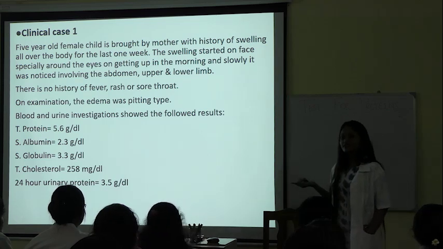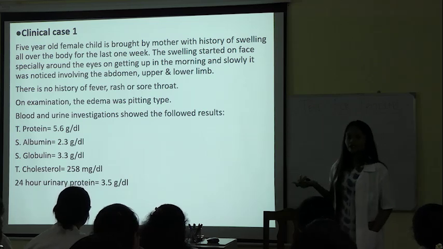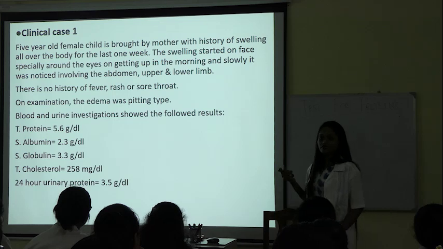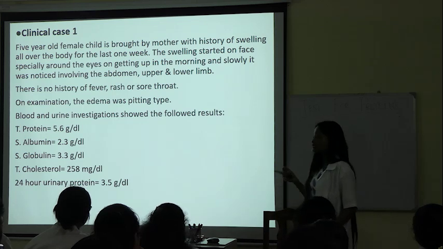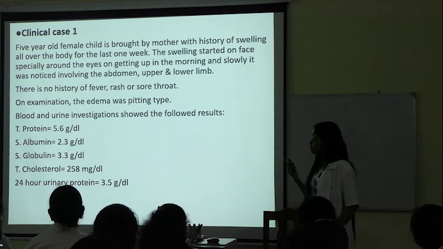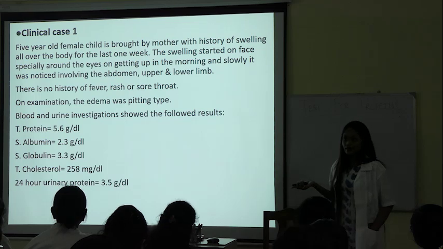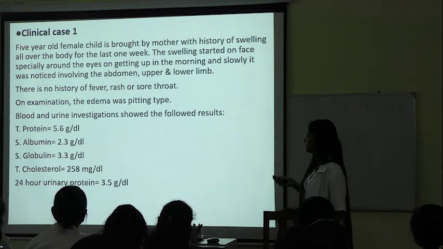So in nephritic syndrome, we see cola colored urine, the red cola colored urine. By seeing the sample only, we can say this is nephritic syndrome, though the symptoms are the same. In nephritic syndrome, 24-hour urinary protein will be 1 to 2, and this is 3.5, more than nephritic syndrome.